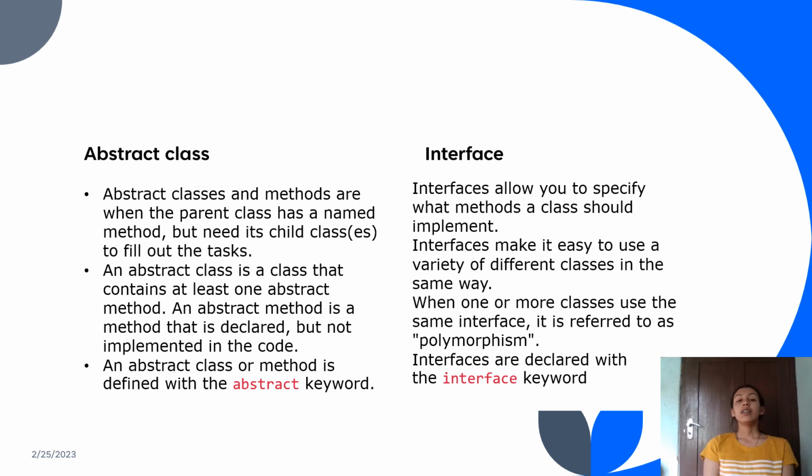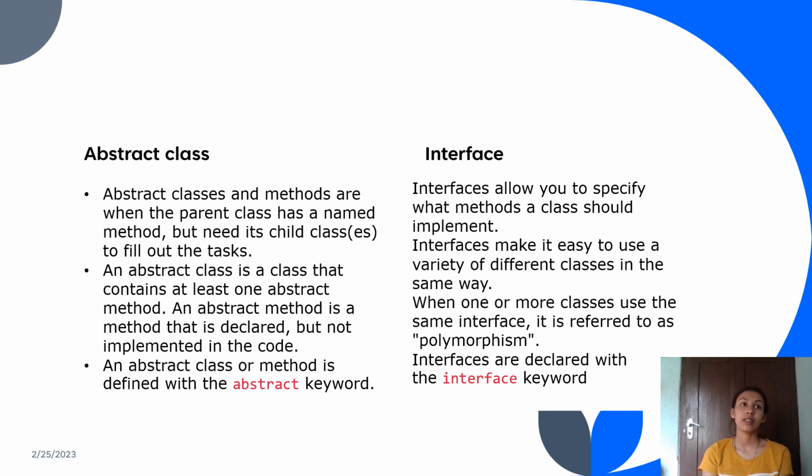The other two topics are abstract class and interface. When we talk about OOP concepts, we have discussed polymorphism, abstraction, things like that. So how can we implement abstraction in PHP? Abstraction means we are hiding information.